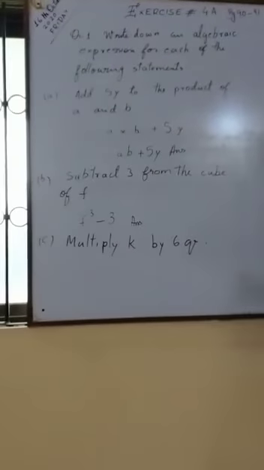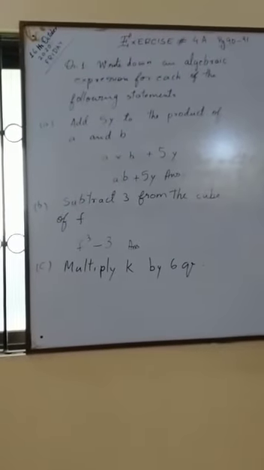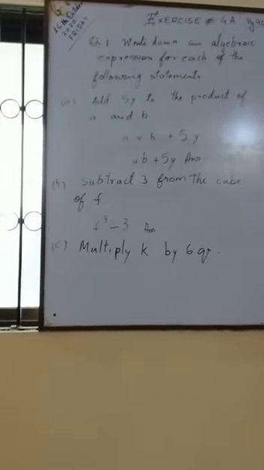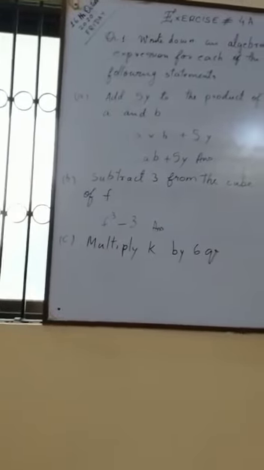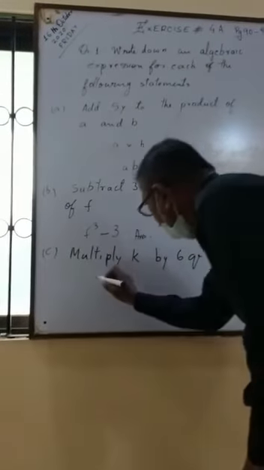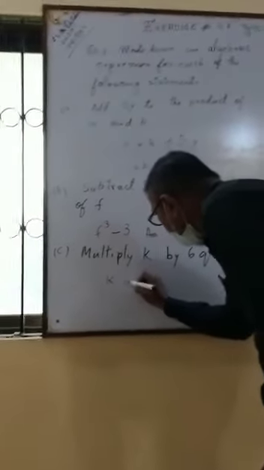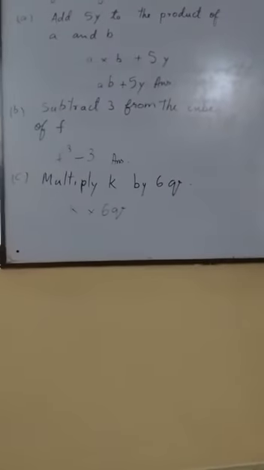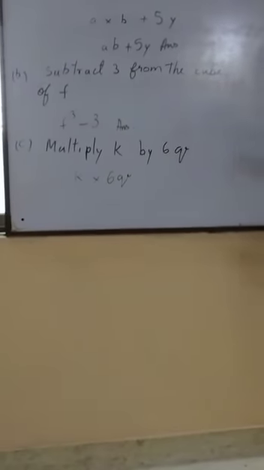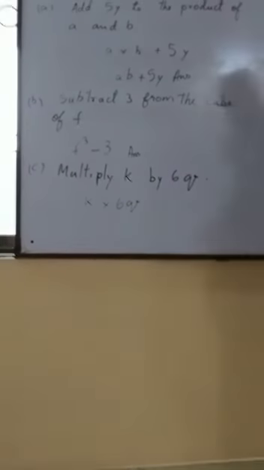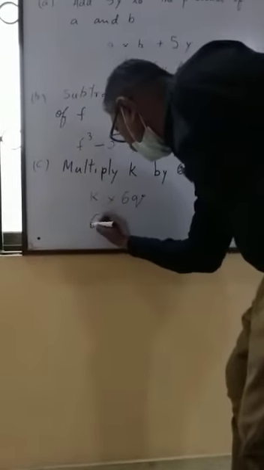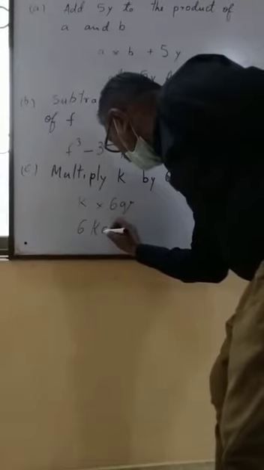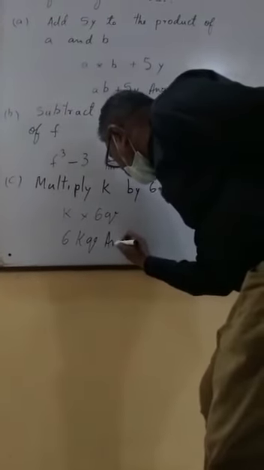Now they say we have to multiply k with 6q. Okay, so k will be written here, multiply, and 6q will be written here. So when you multiply this, you will get 6kq. This is going to be your answer.